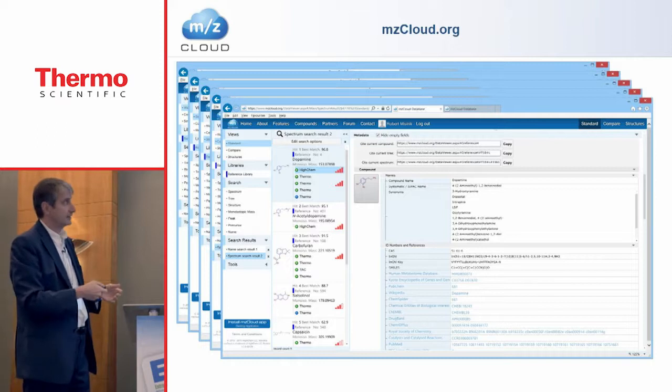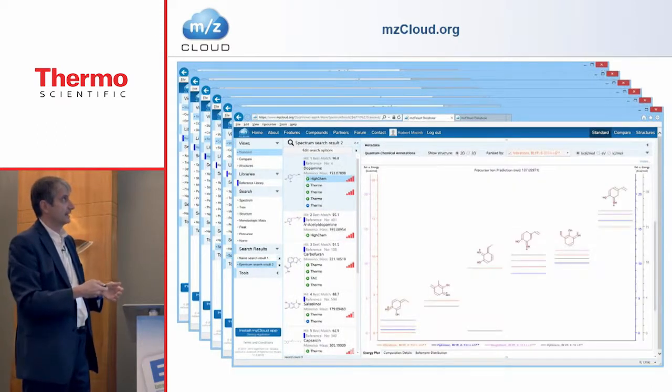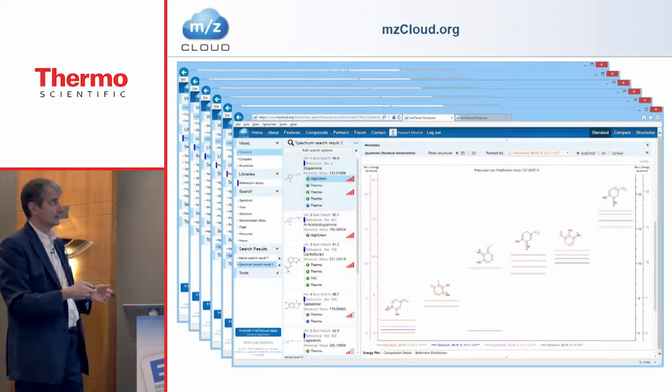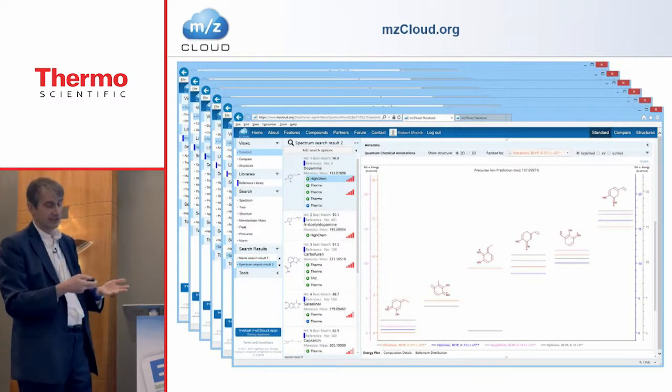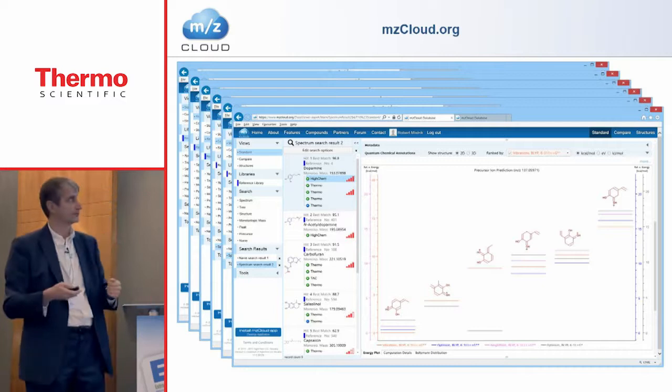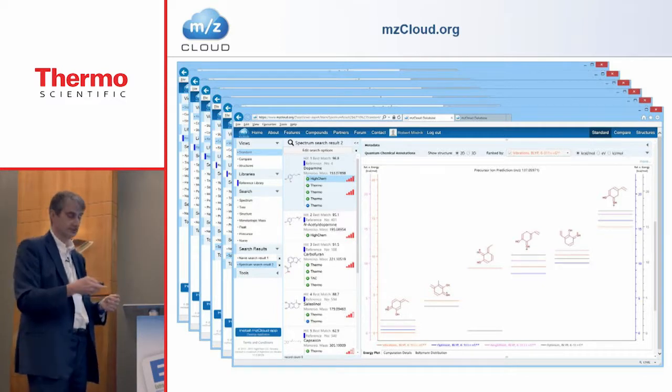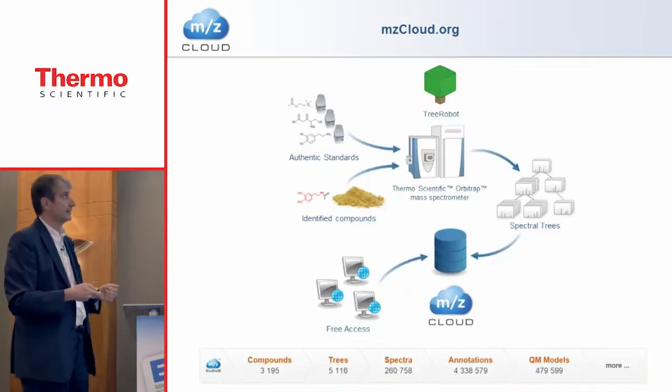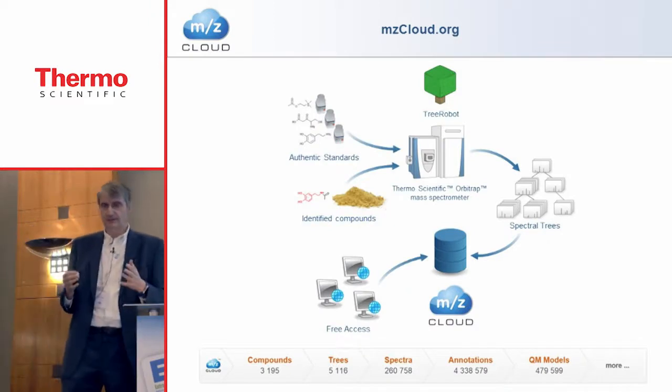We collect a lot of metadata, and we do quantum chemical prediction, which is actually unique for a mass spectral database. We use an internal computing cluster, and we also use a supercomputer in America, because this is a very computationally demanding task. So how do we build our database?